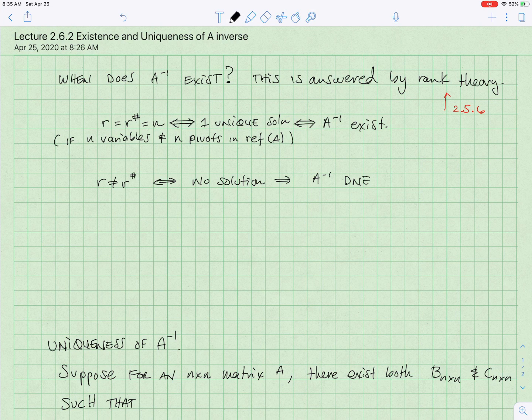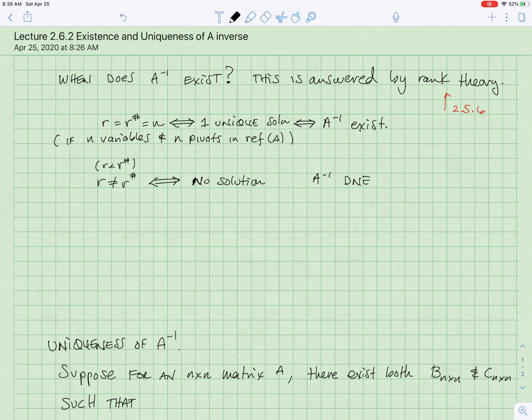But please note here that only one of these arrows is double-headed. Here, let me redraw these a little bit better. So it is true that if R and R pound are not equal, if you want, R is less than R pound, then that is a double-headed arrow. That's a bidirectional statement. You can't have one without the other.